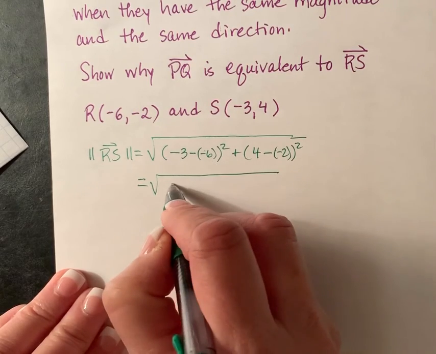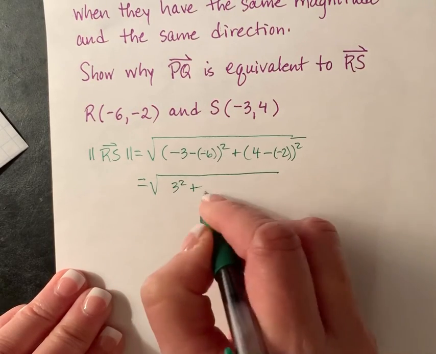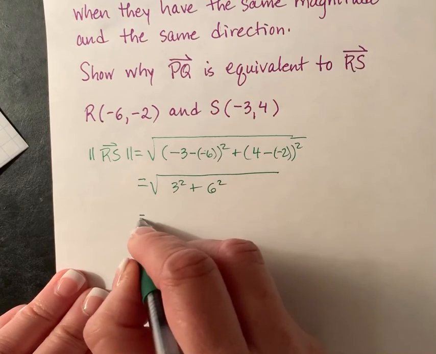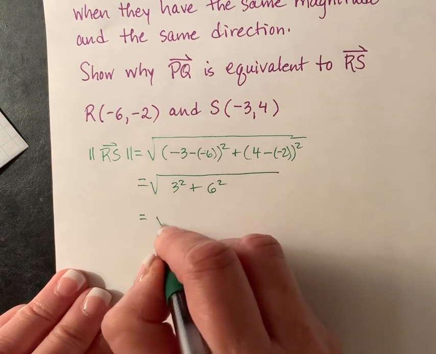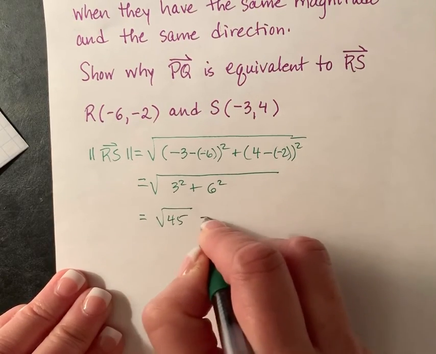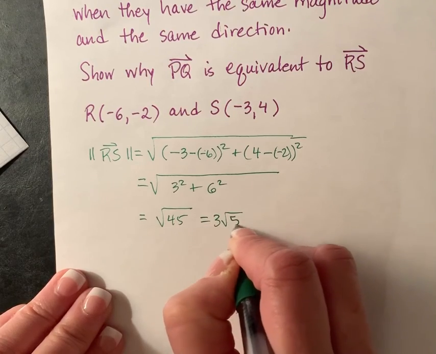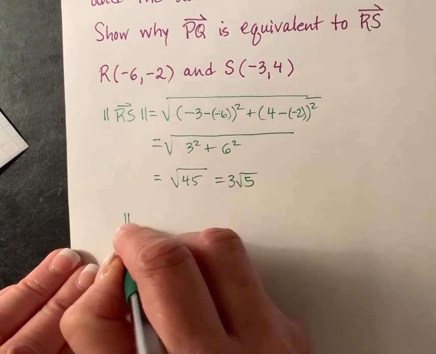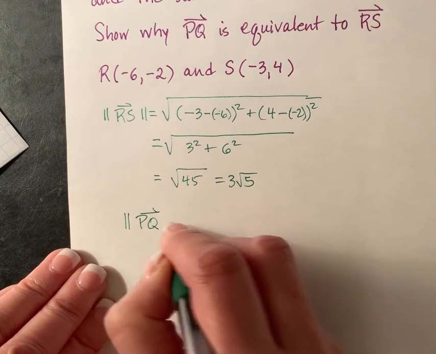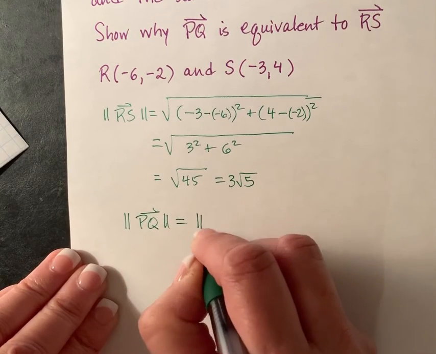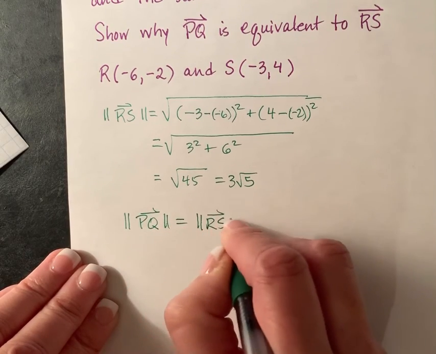So that will be 3 squared plus 6 squared. This is going to work out the way the other one did. The square root of 45, which is 3 times the square root of 5. Okay, so we can see that the magnitude of PQ is equal to the magnitude of RS.